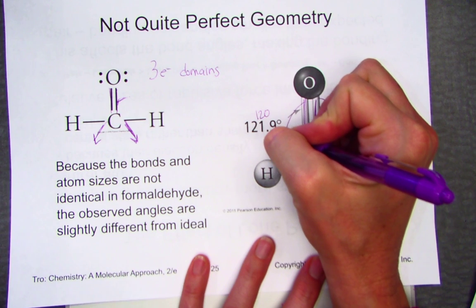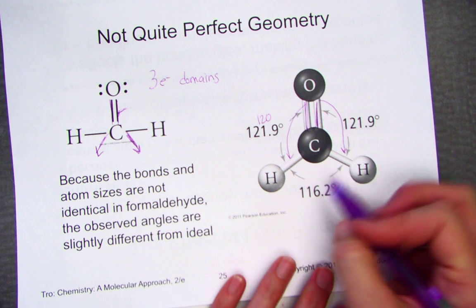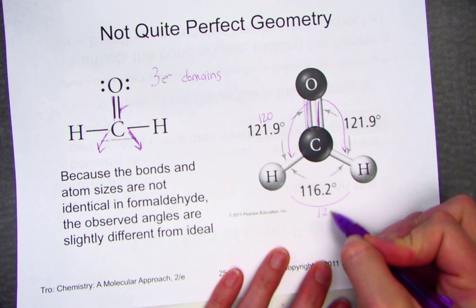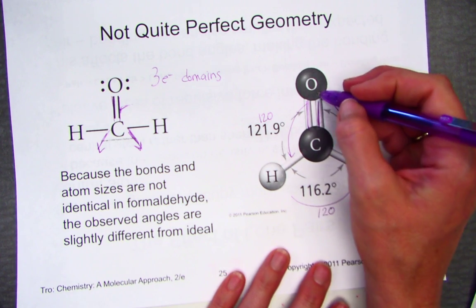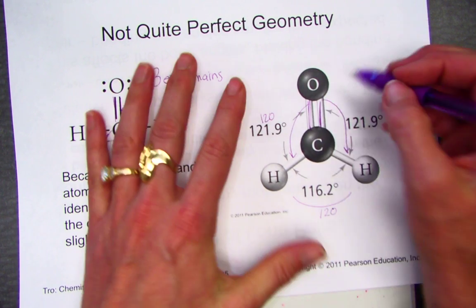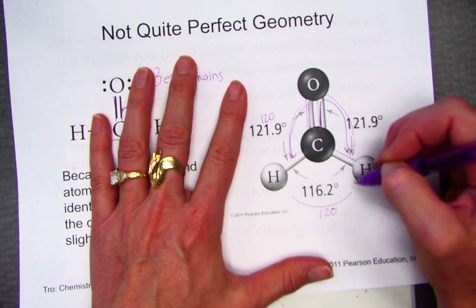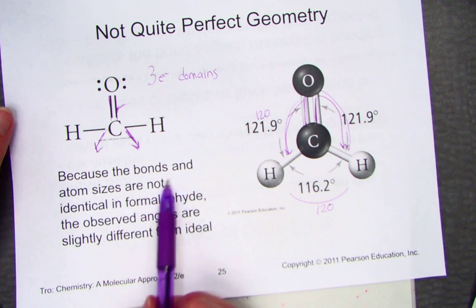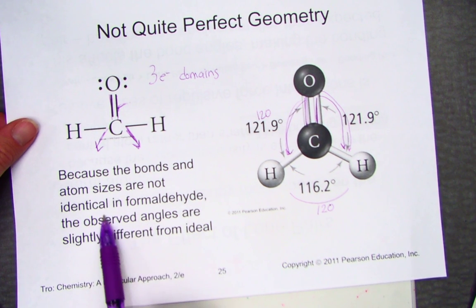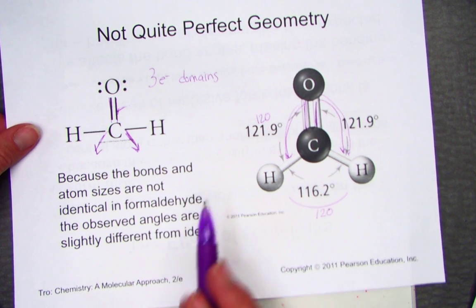Its actual measurement is 121.9. And if I squish the hydrogens closer together, we've lost a little bit. We would have predicted 120, but it's a little smaller. Double bonds push out, and they expand just a little bit beyond the 120 we would have expected, creating a smaller bond angle between the hydrogens. Because the bonds and atom sizes are not identical in formaldehyde, the observed angles are slightly different from the ideal.